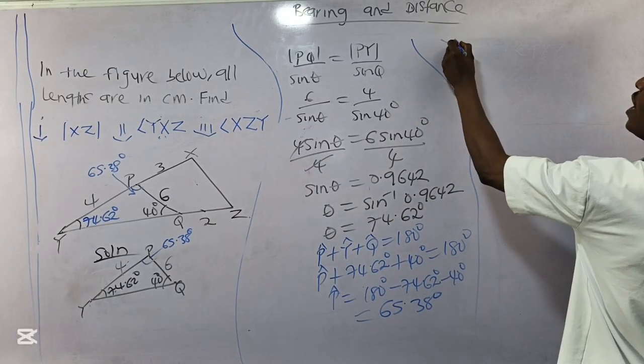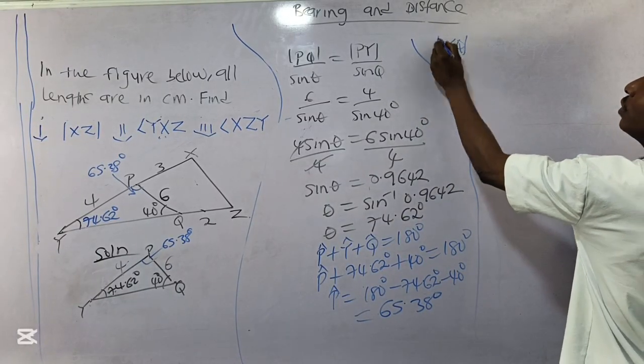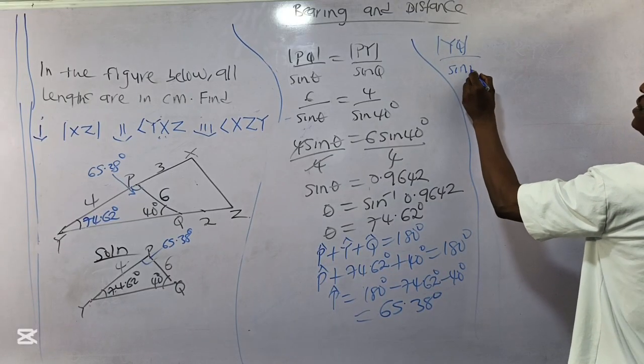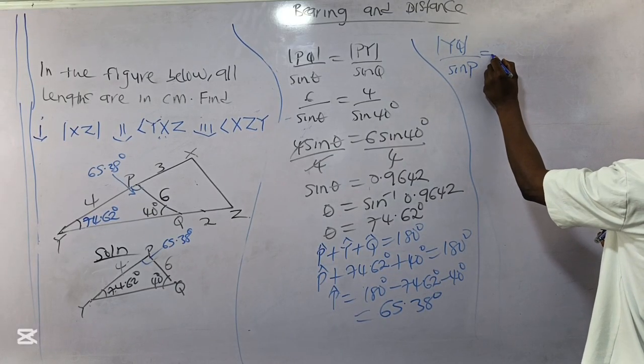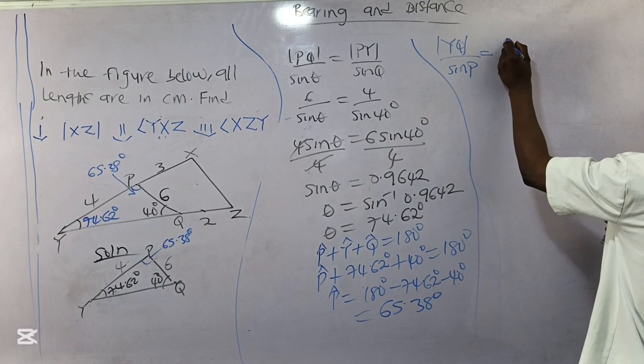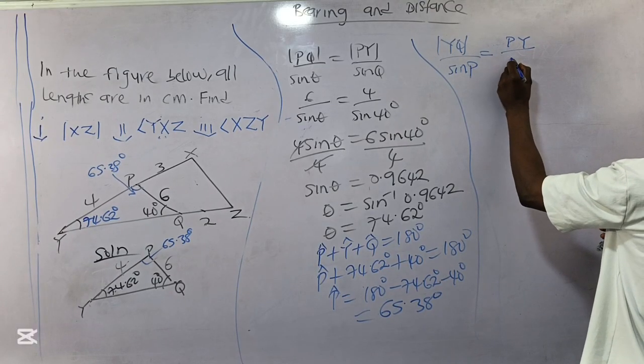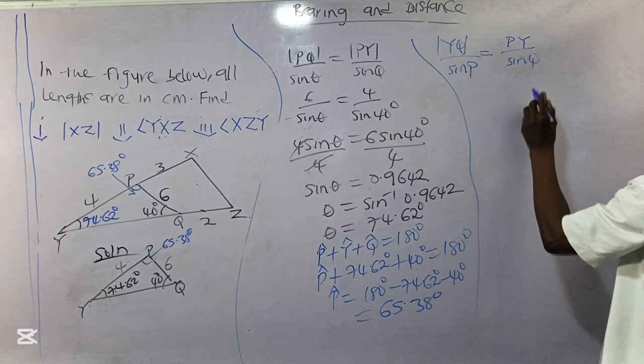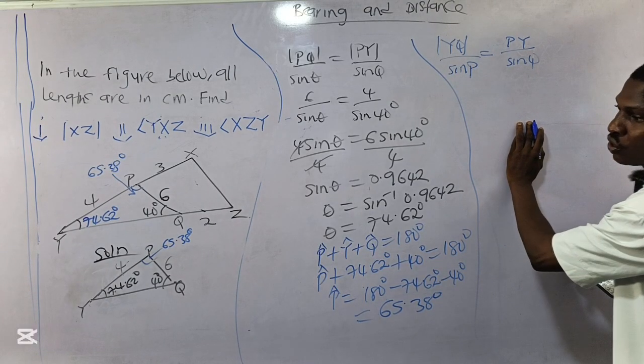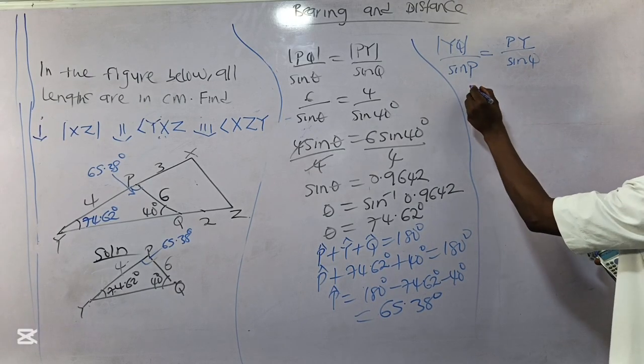Using my sine rule, I'll have my YQ all over sine P equals to PY all over sine Q, which is 4 all over sine 40 degrees. Now my YQ is my question.